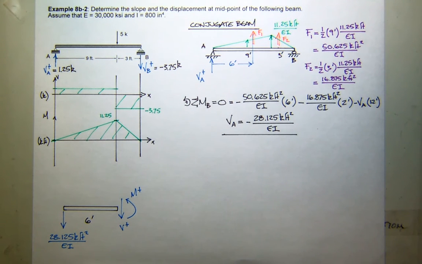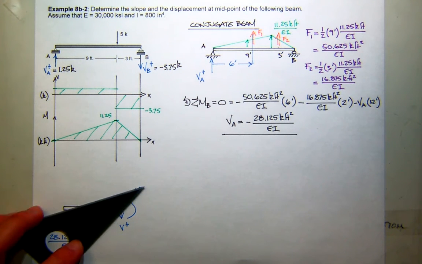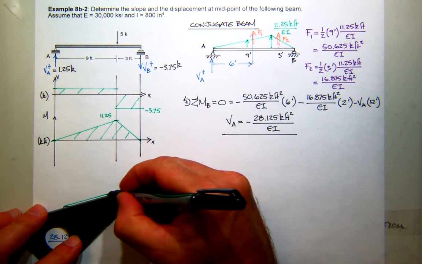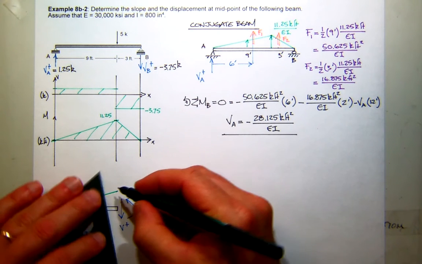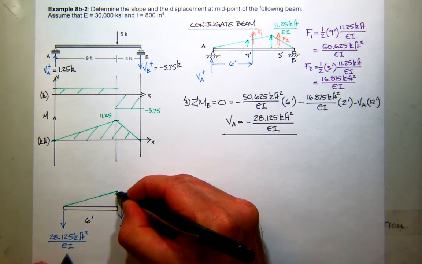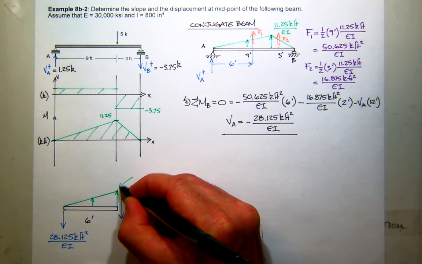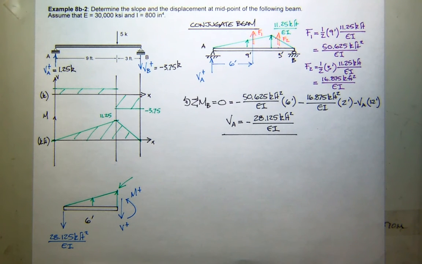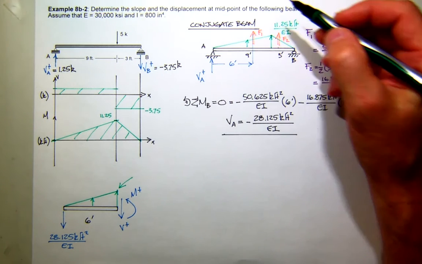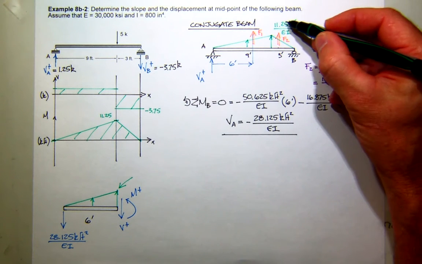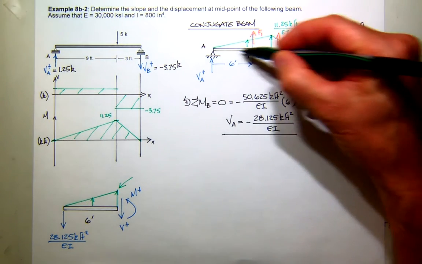I also have the load. So the distributed load I know is acting up. What's the value of the load right there? Well, I know it's 11.25 here. That's at 9 feet.